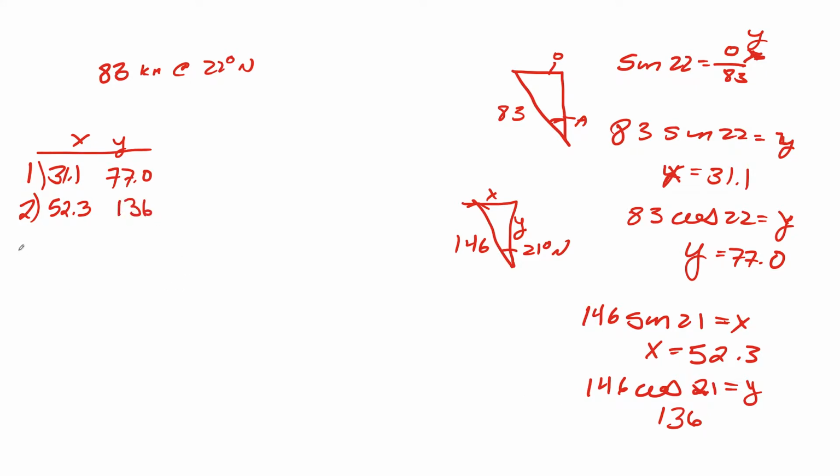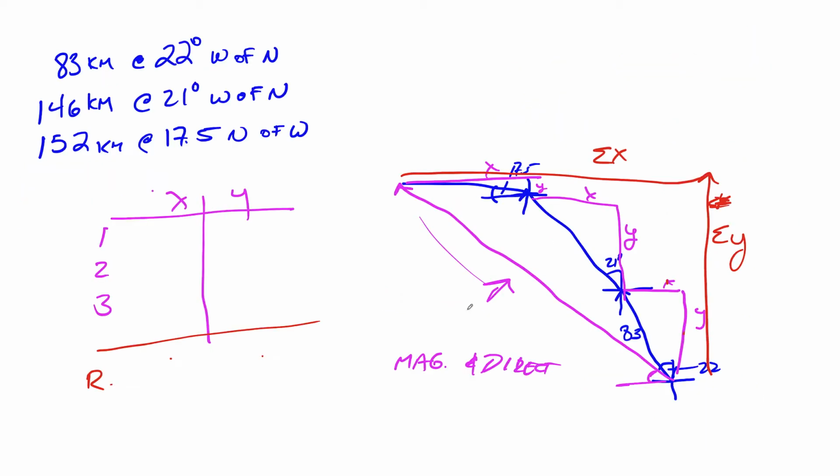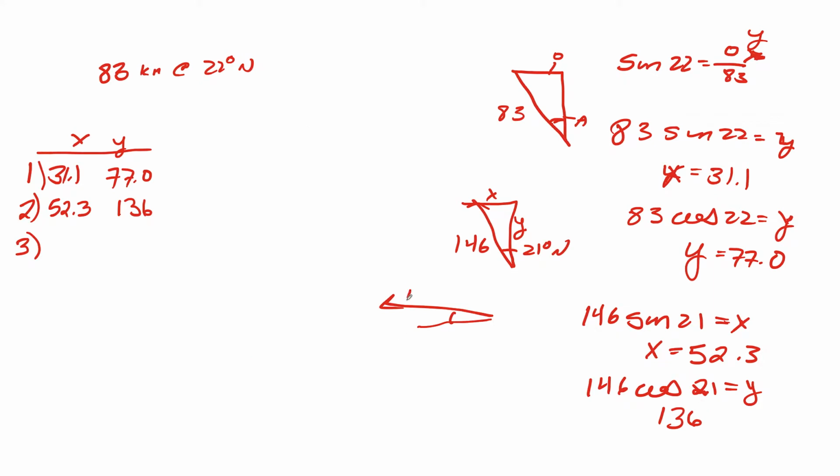All right, so my third vector, this is the one that is going more in the westerly direction than what we think. That's 152 and 17.5.